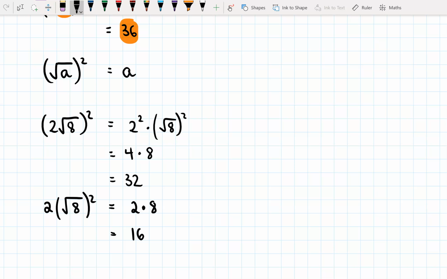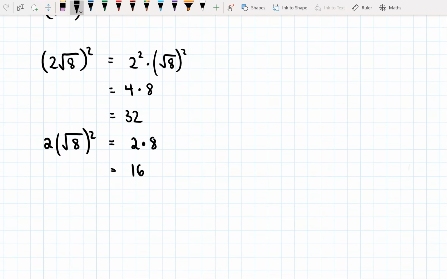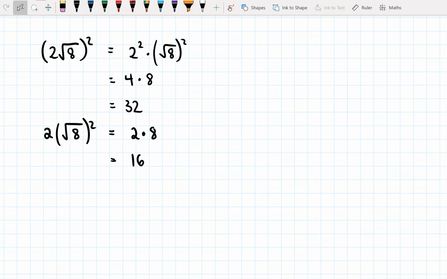Beyond here, you're just working with adding and subtracting. Sometimes you're going to have something like 3 times the square root of 4, squared, plus 2 times the square root of 6, and we'll just square the square root here. If we give you something like this, you need to think about what we're going to do and work it all out.